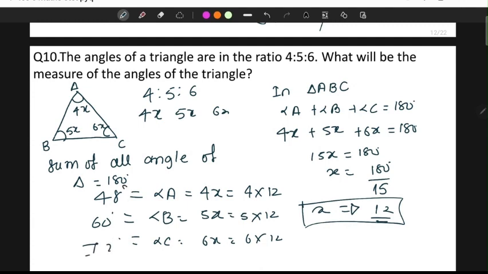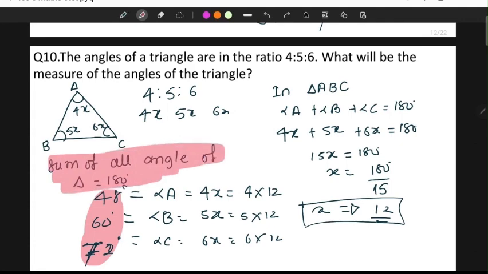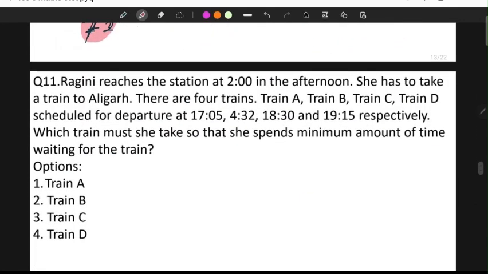So the answer is 48 degrees, 60 degrees and 72 degrees. To solve this, you just have to know that the sum of all the angles of a triangle is equal to 180 degrees. So this is important. Moving on to the next question now.